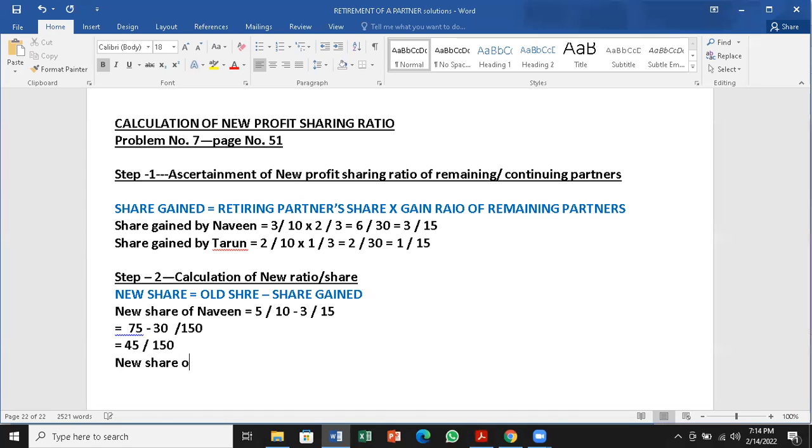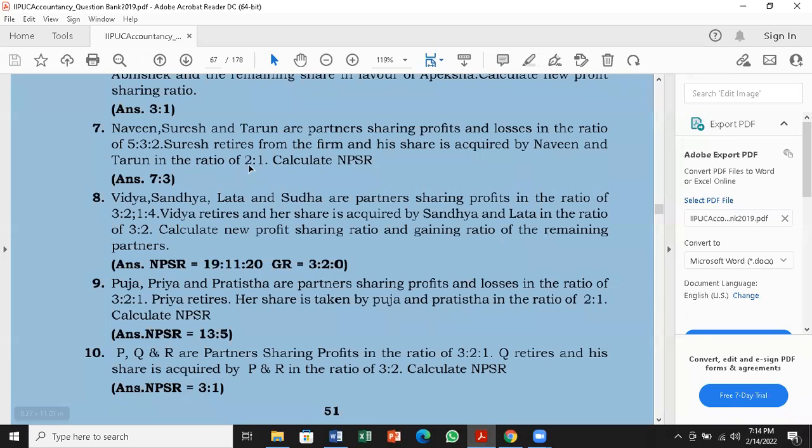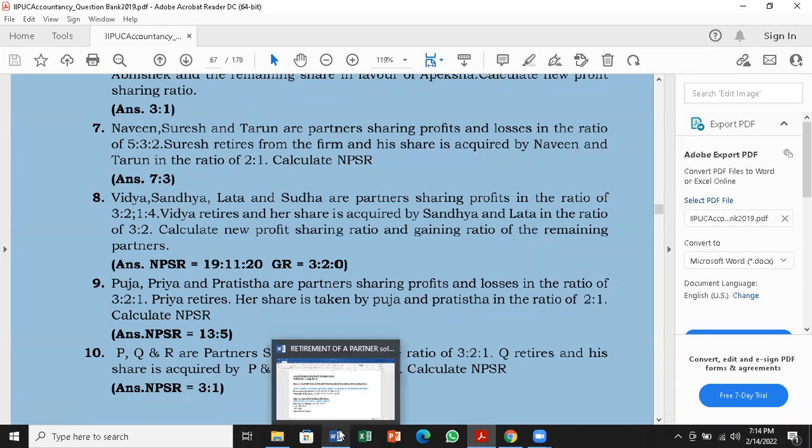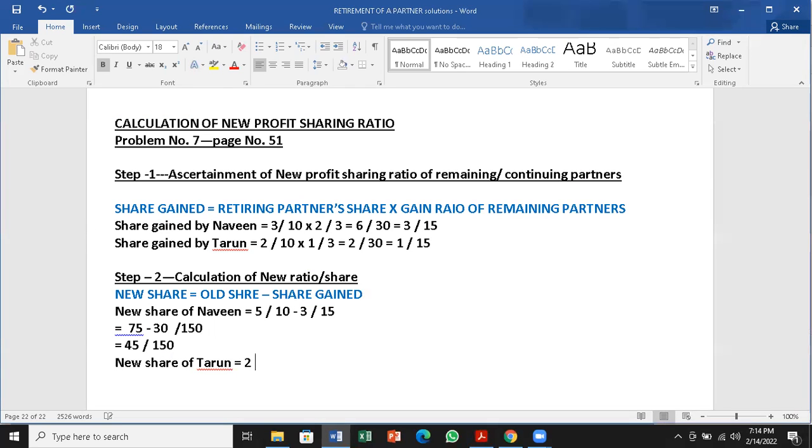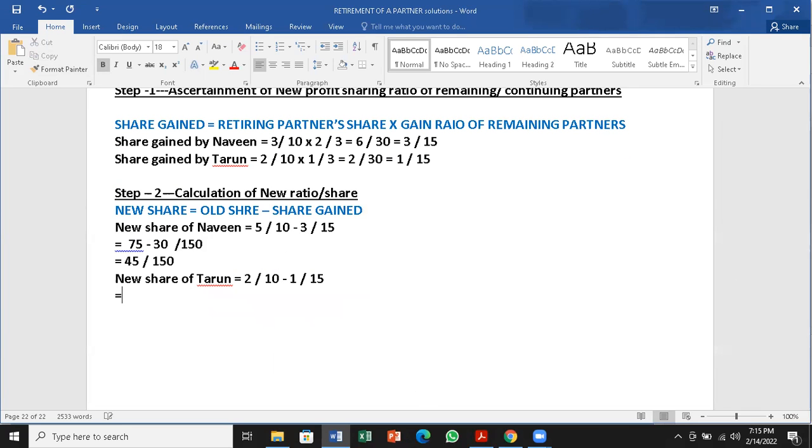Next, new share of Tarun. Tarun is the last partner. Tarun's old share is 2 by 10, remember, minus 1 by 15. I'll go for LCM again.